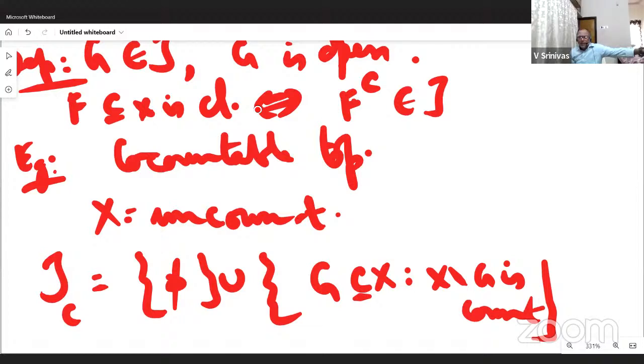This being the complement of an open set is a closed set. X minus G is closed. So countable sets are closed sets in this topology. In fact, these two examples give rise to topologies which are not metrizable.